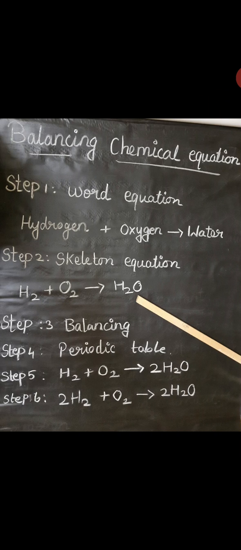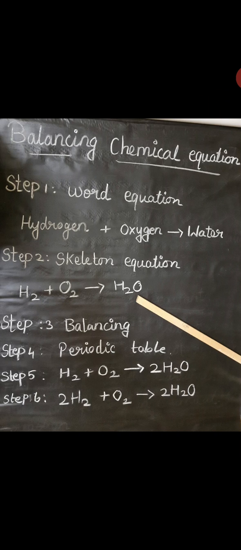Third step, we have to select the element to be balanced first, based on the number of times an element occurs on both sides of the skeleton equation. Here the elements are H and oxygen. Hydrogen occurs 2 times and oxygen occurs 1 time.